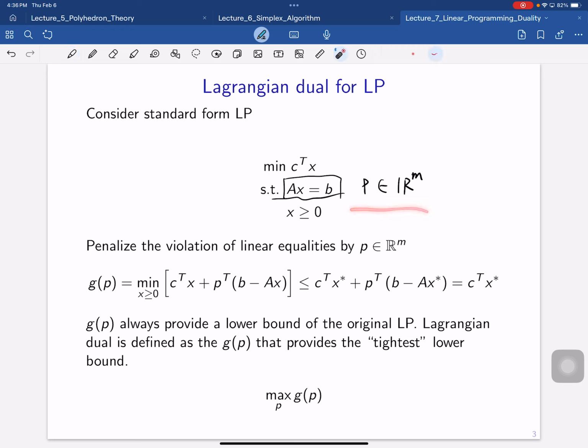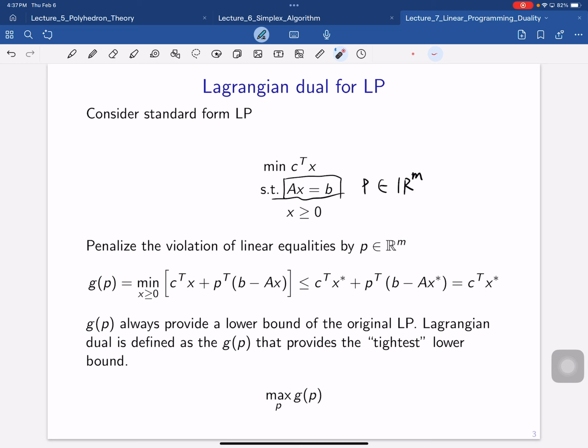Okay. So now let's consider this function called the Lagrangian function, which is nothing but you pay a price for not satisfying this constraint. So that in total, the price you pay is p transpose times (b − Ax). Now, even if you pay the price, you still want to find the x that minimizes this whole objective.